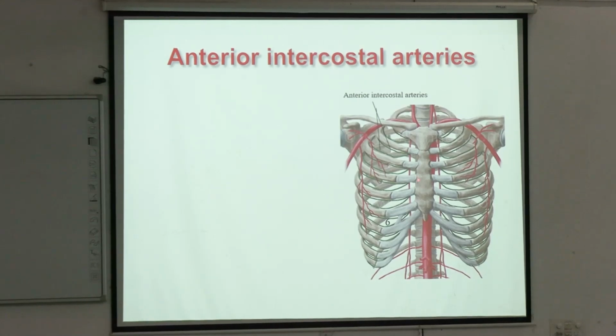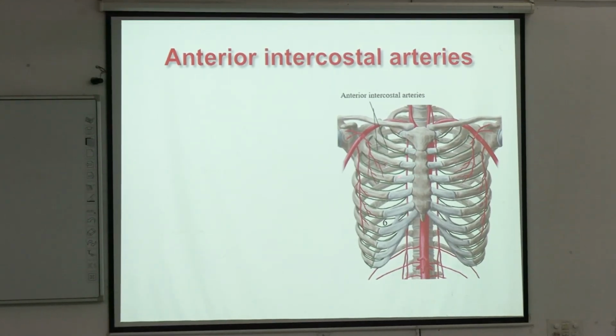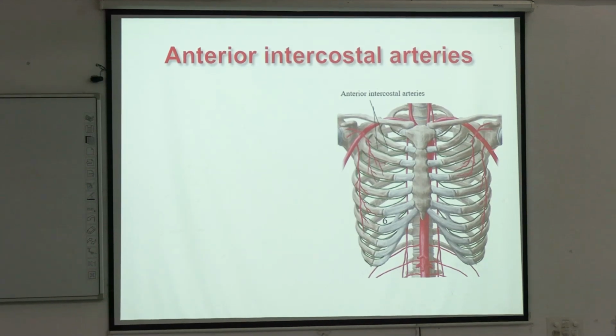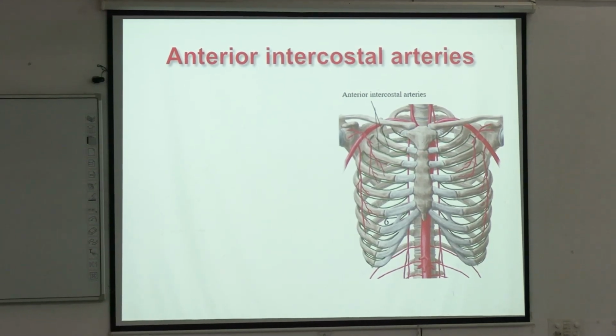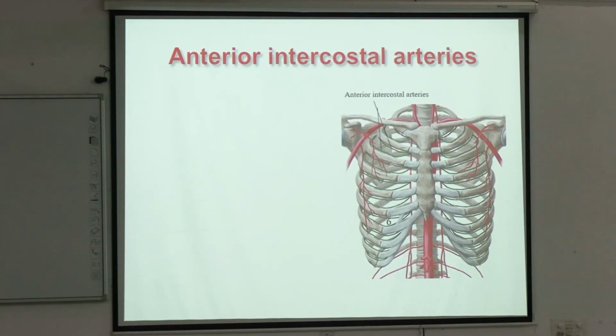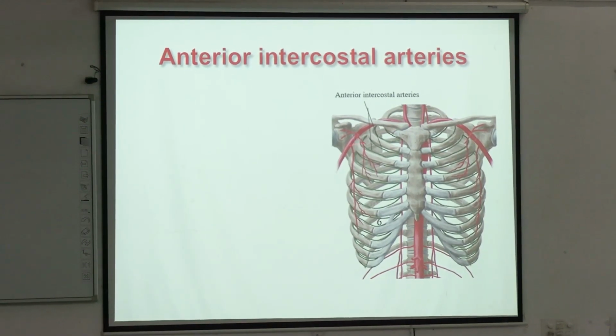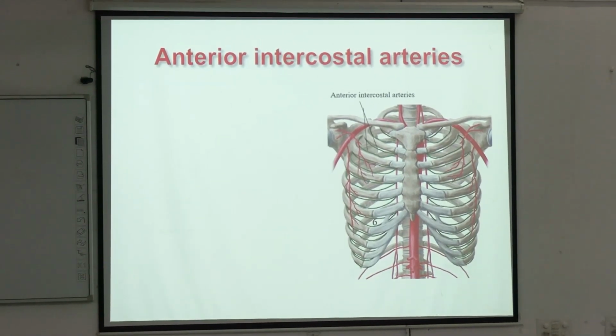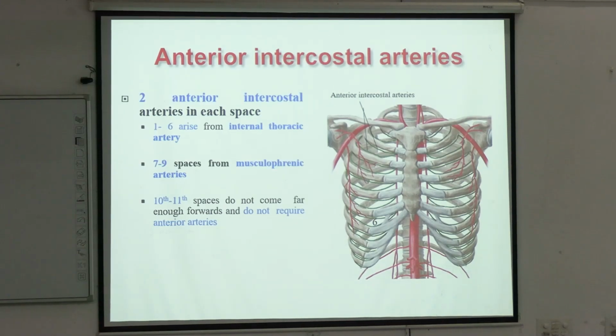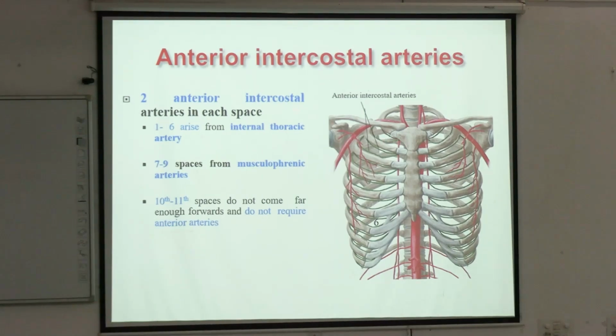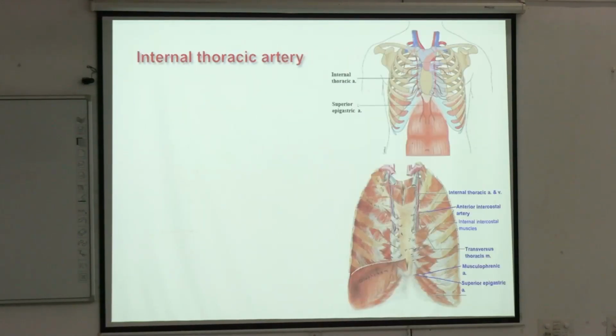As this internal thoracic artery courses down by the sides of the sternum, right side and left side, each of these spaces receives anterior intercostal branches. They come from here and reach the anterior intercostal space. So, these anterior intercostal arteries are paired and come from the internal thoracic artery.